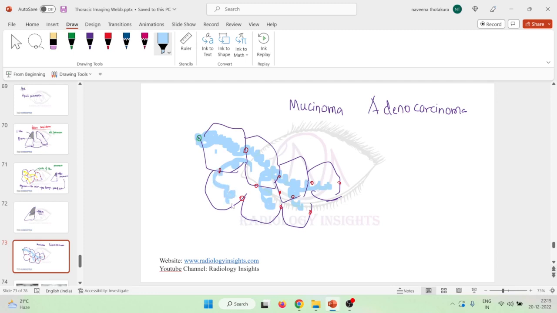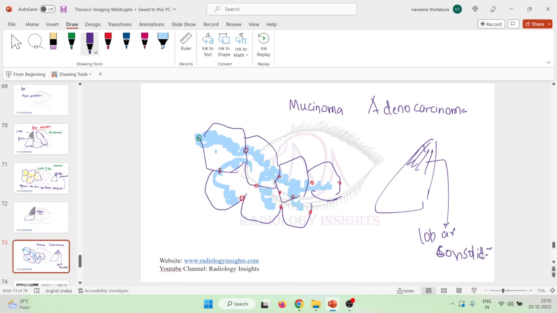Like that, they spread into the whole lobe of the lung, resulting in lobar consolidation. Okay, so this is also seen in mucinous adenocarcinoma, that is invasive mucinous adenocarcinoma, or it can be seen in lymphoma.